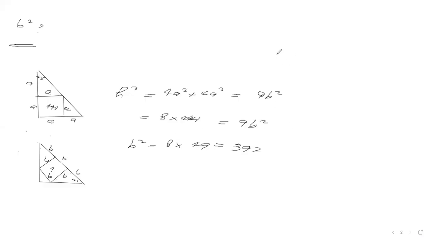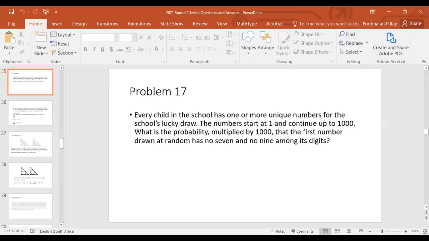I'm going to go back to my old screen. All right, so problem 17 says every child in the school has one or more unique numbers for the school's lucky draw. The numbers start at 1 and continue up to 1,000.